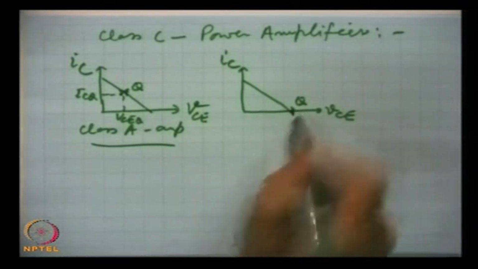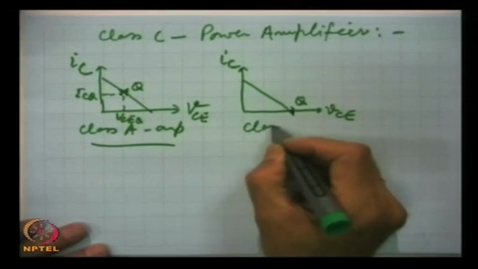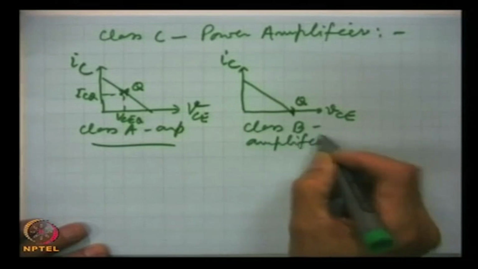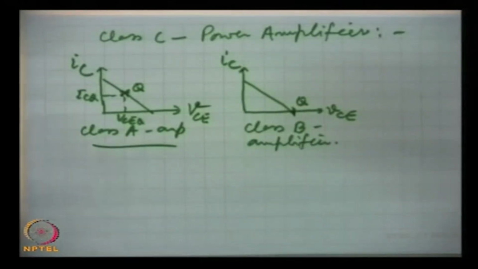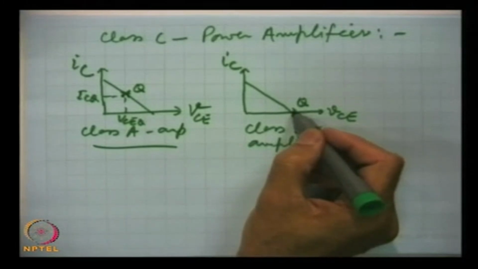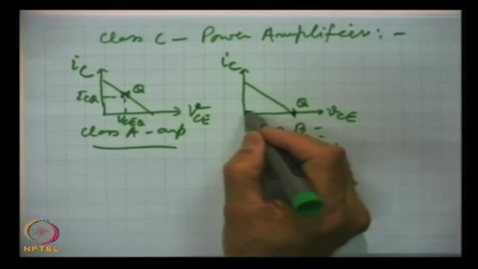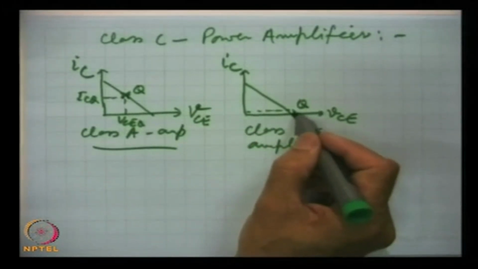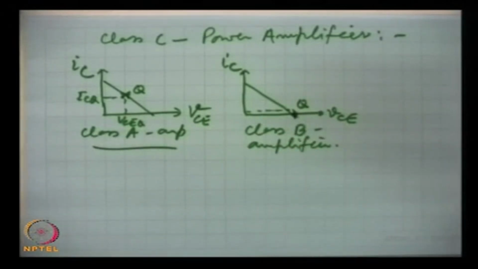In this case, in class B operation, this is the class B amplifier. When there is no signal, ICQ is 0. Even in AB operation, the trickle current is very small, but let us keep the operation pure B operation. So there is no current, and hence the collector circuit is not taking any power from the DC source, and that is one reason that the efficiency is high.